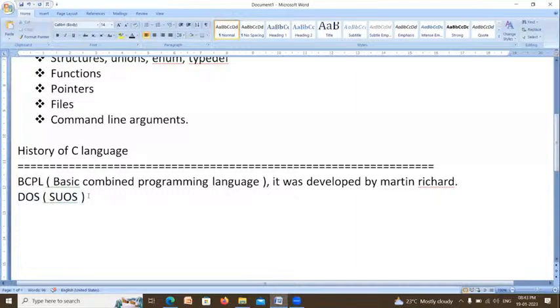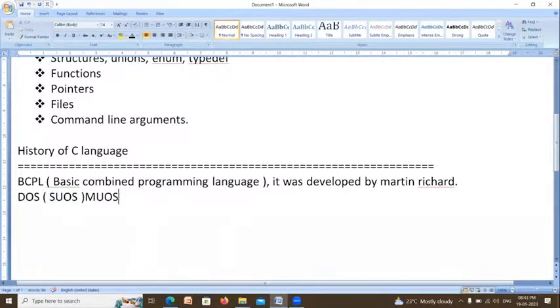Multiple users cannot use this operating system. A single user operating system is not sufficient for multiple users, so they needed to develop a multi-user operating system.